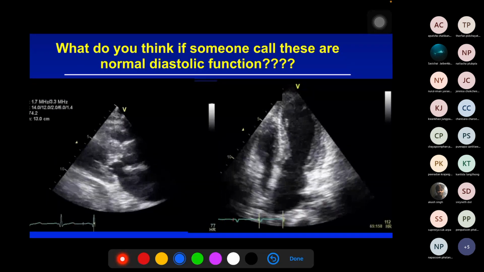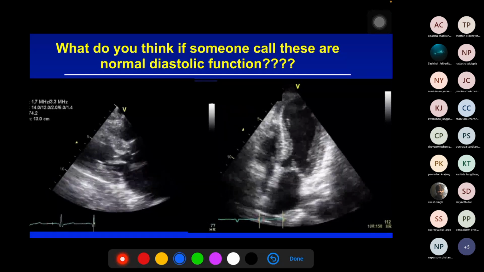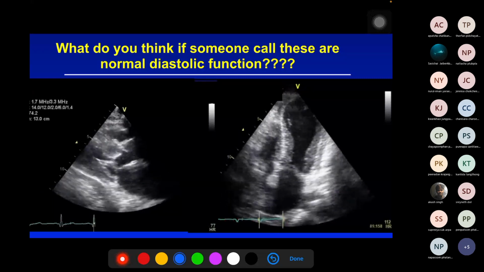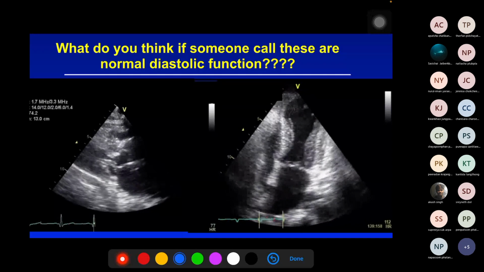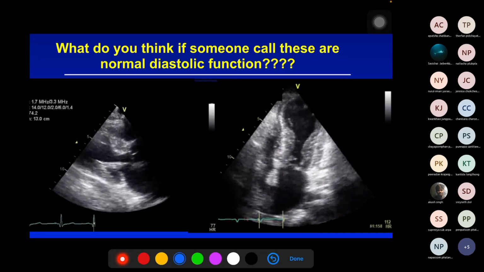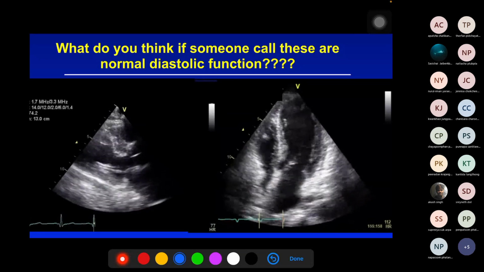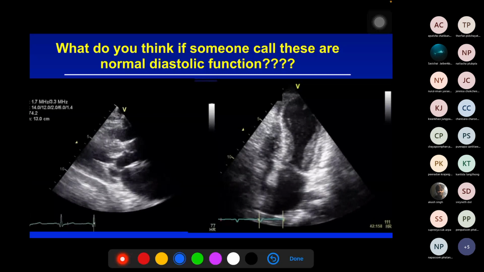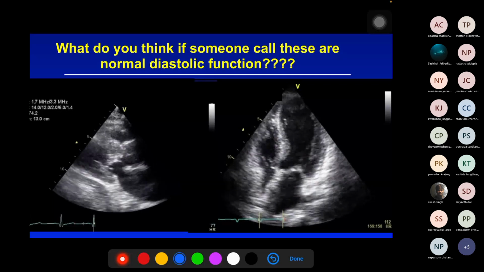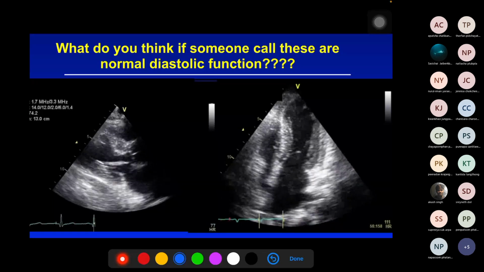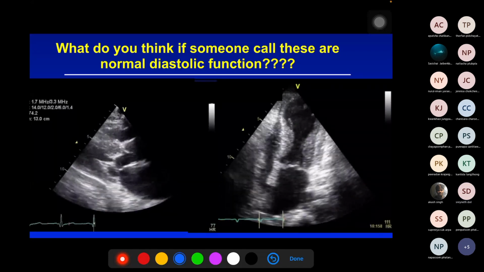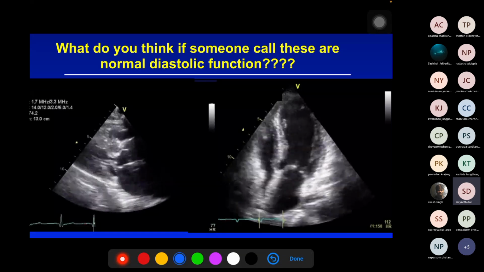Okay, you see the echo, the picture is moving. On the left side and the right side of the patient, which one is abnormal? Left or right?